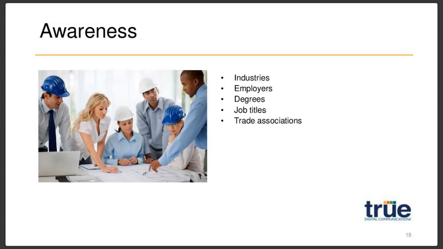They hold certain degrees and job titles. They may belong to particular trade associations or read specific publications. Advertising in locations where they already congregate ensures you're reaching the right audience. But without the benefit of behavioral cues, print ads at the awareness stage may focus more on brand benefits than addressing a specific need.